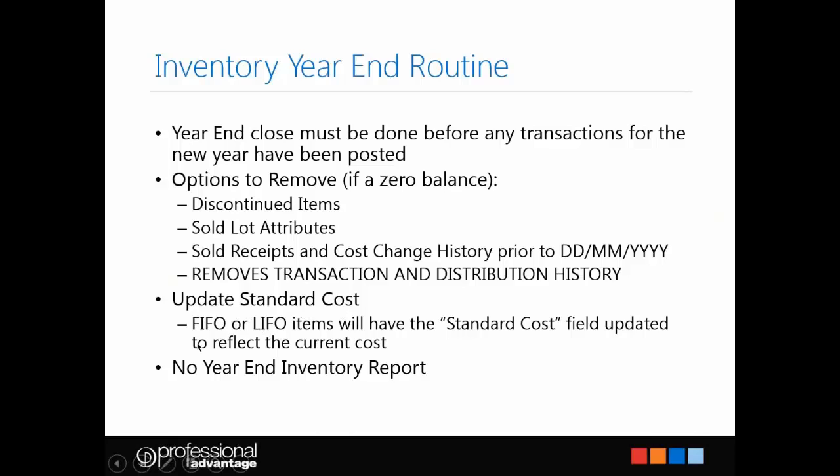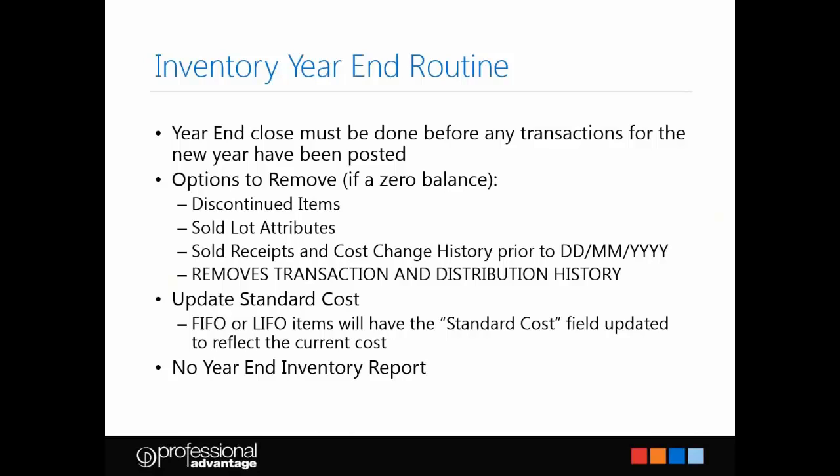Okay, the Update Standard Cost option. This particularly applies to the inventory valuation method of FIFO or LIFO. If you use FIFO or LIFO as your inventory valuation method, items will have the standard cost field updated to reflect the current cost. The current cost is the last purchase price you actually paid for the product.